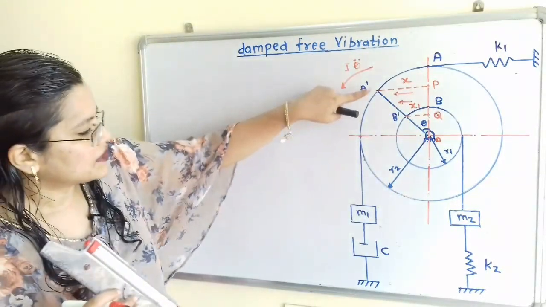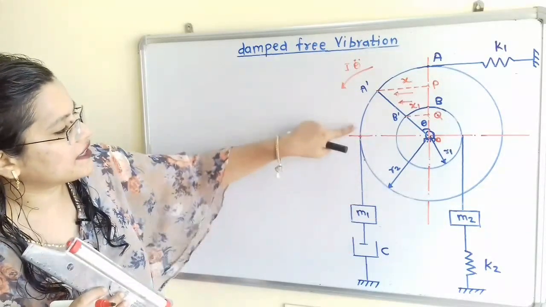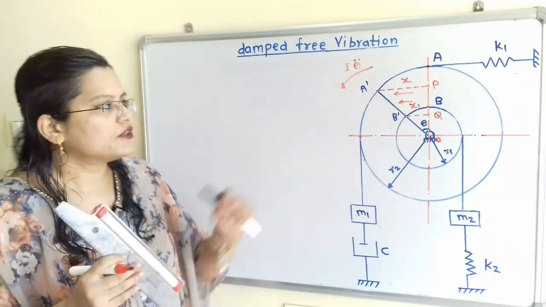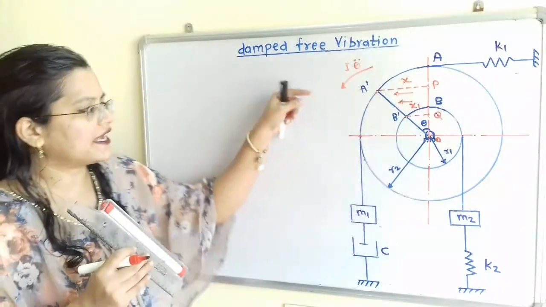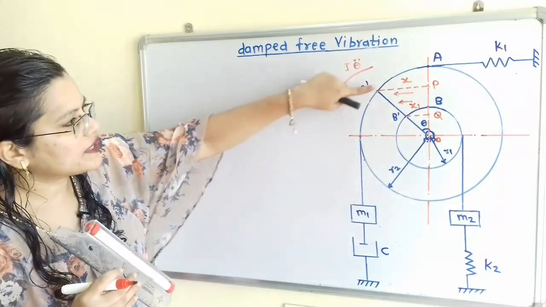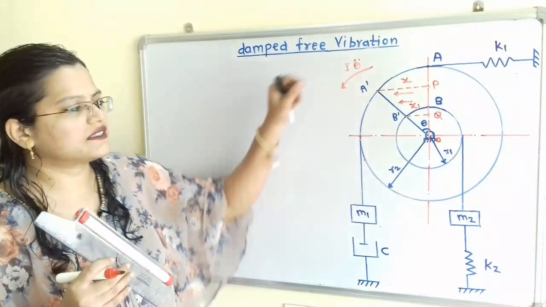Now this mass m1 and this damper C are connected through a string. If we observe, x is towards the left-hand side, so it is connected through the string to this disc, or we can say pulley.